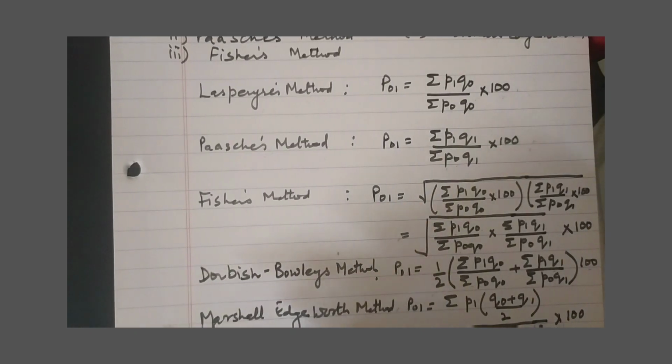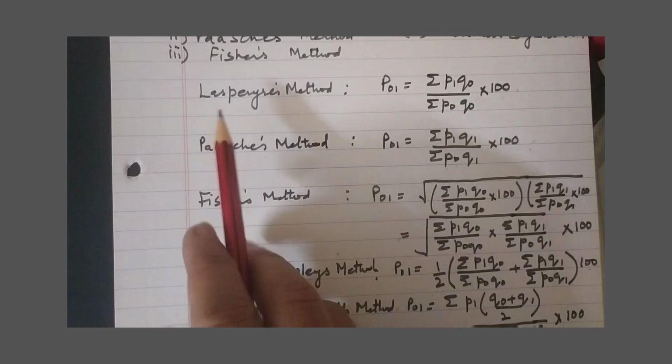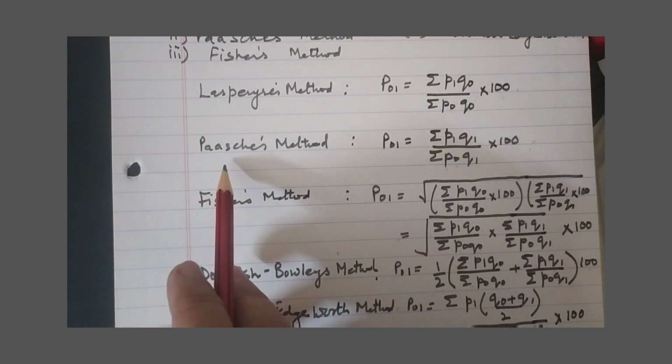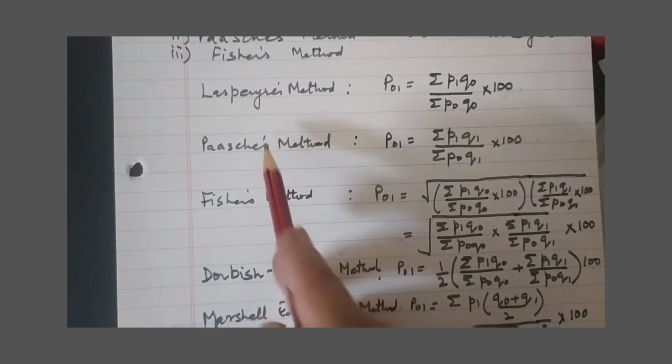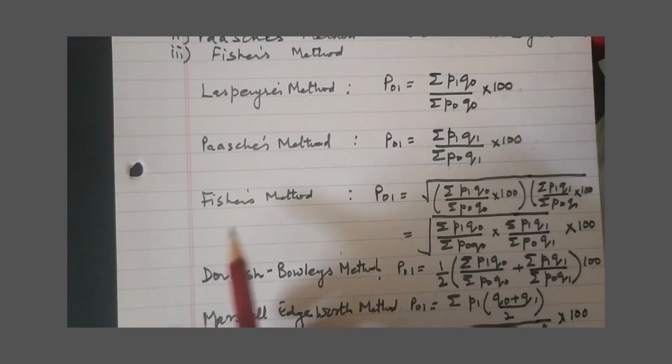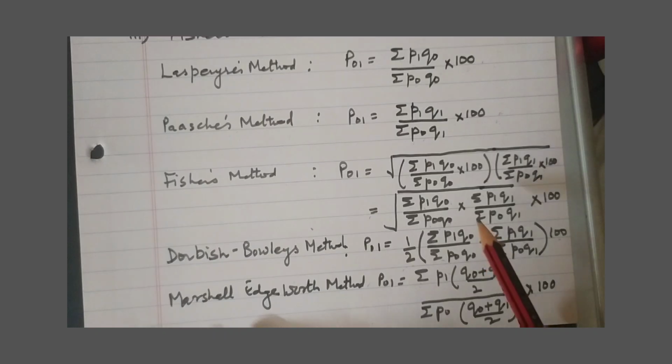Now we have to use Fisher's method for finding the index number, and in Fisher's method we know this is nothing but the geometric mean of the Laspeyres' value and the Paasche's value. If you have already calculated these values, then you can directly find the geometric mean of these values, or otherwise you have to find the other values and put them in this formula.